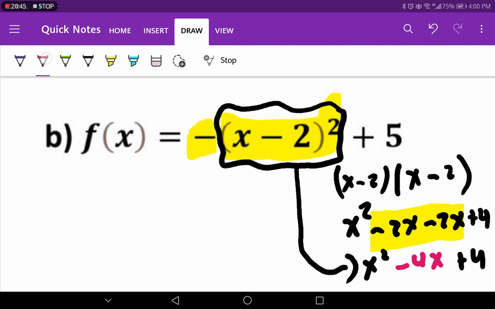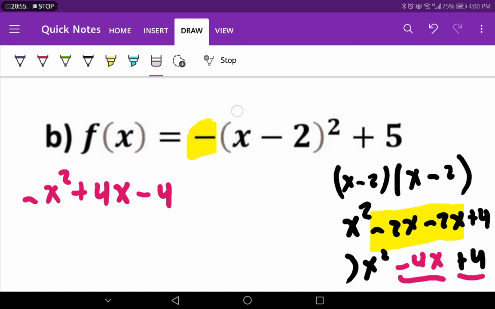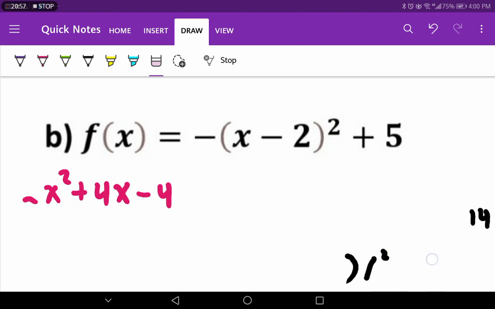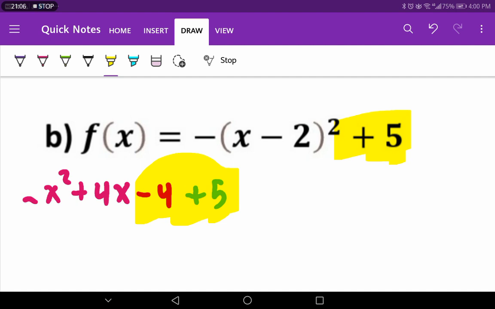So the x squared will be negative x squared, and the negative 4x will be plus 4x, and the positive 4 will be negative 4. And the professor, the visitor, comes down, it is plus 5. And this joins. So plus 5 negative 4 equals plus 1.